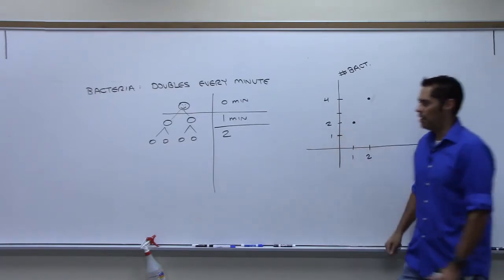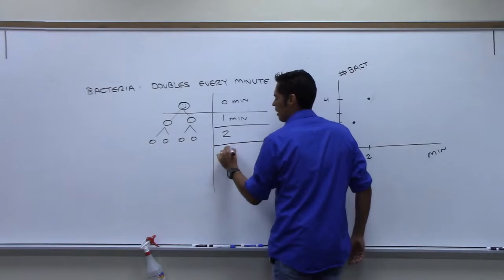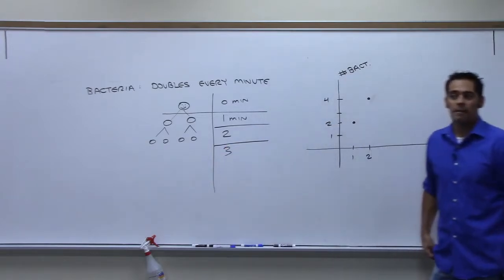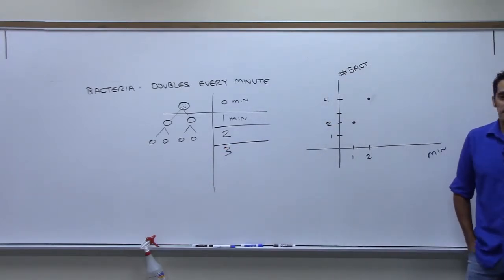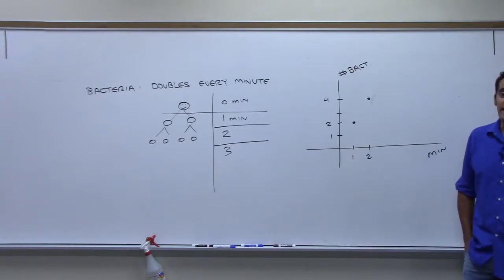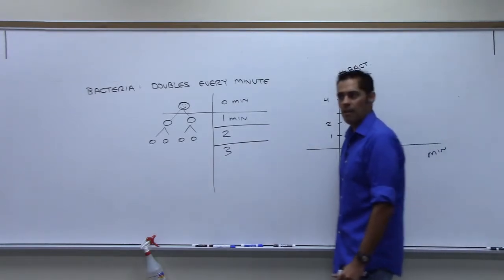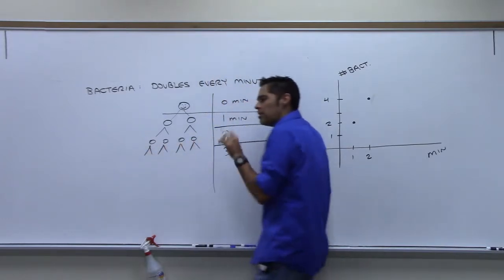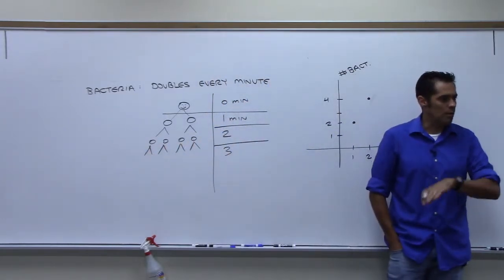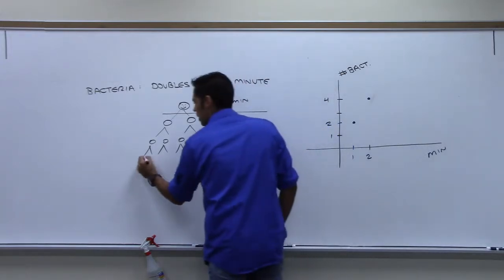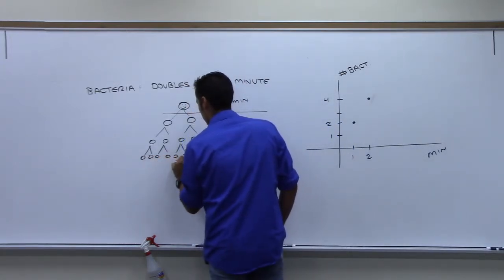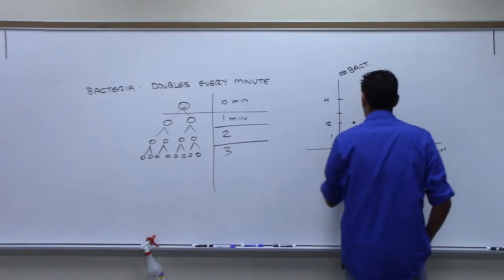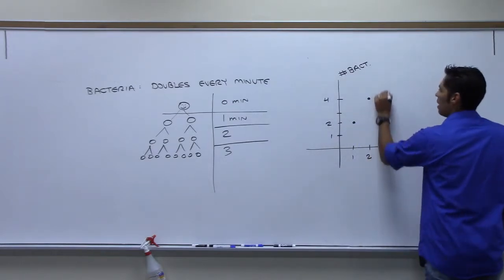Let's try the next one. How many would I have after 3 minutes? Careful here. How many? 8, not 6, right? We have 2 from here, 2 from here, 2 from here. Each bacteria doubles after 1 minute. So now you're going to have 8 of these guys. So if I come out here to 3, I'm way up here at 8.